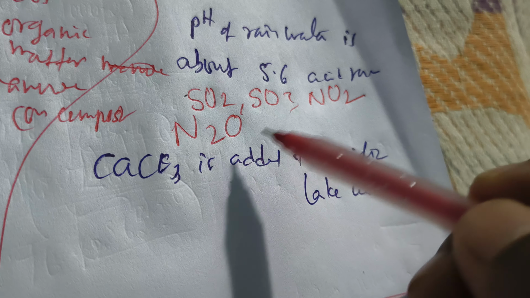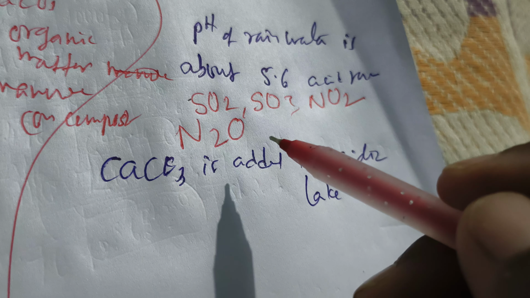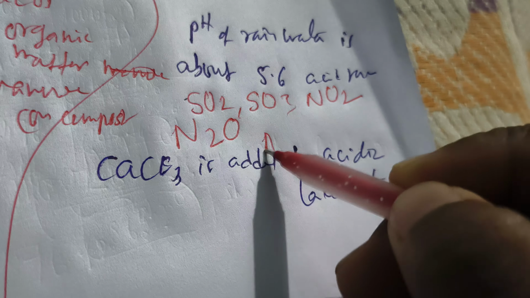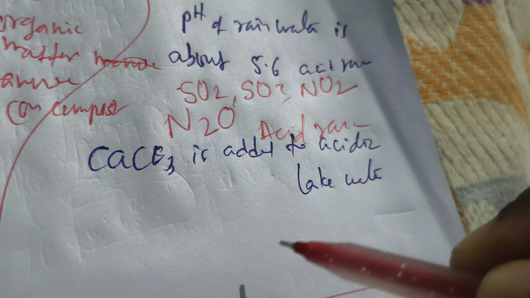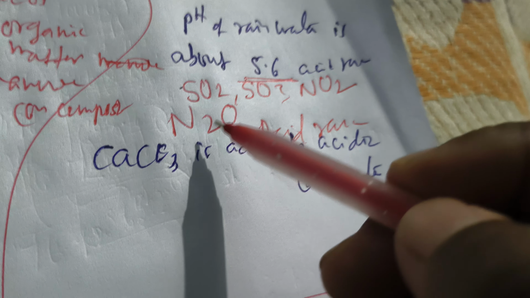These gases are released due to burning of fuels. These gases mix with rainwater and cause acid rain. The pH of acid rain is 5.6.